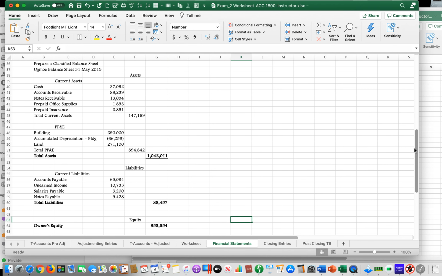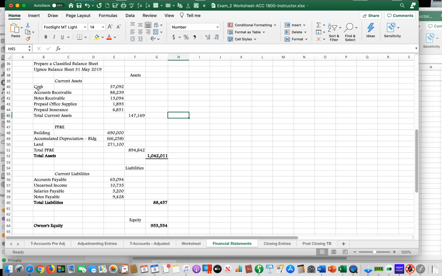Remember we said that you close temporary accounts, you never close permanent accounts, unless you're liquidating the business or whatever. You do not close permanent accounts. And every account on the balance sheet is a permanent account. I'll say that again.